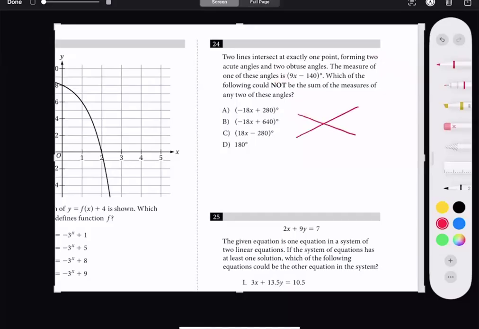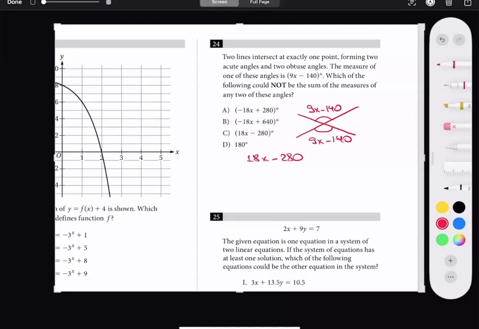Okay, let's go back. For example, if I have here 9x minus 140, I have here 9x minus 140. So you put 18x minus 280.